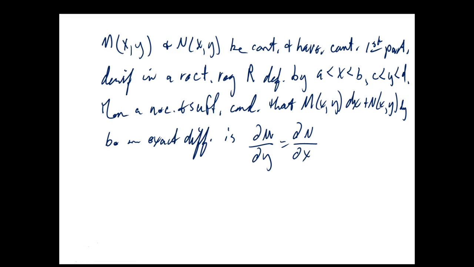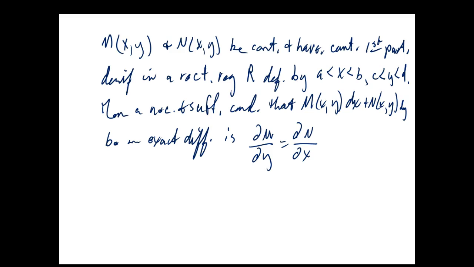Okay. Now notice here is M of xy dx plus N of xy dy. You take the partial of M with respect to the other variable and the partial of N with respect to the other variable.